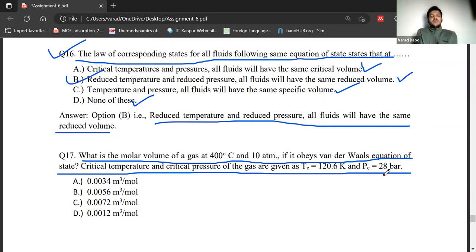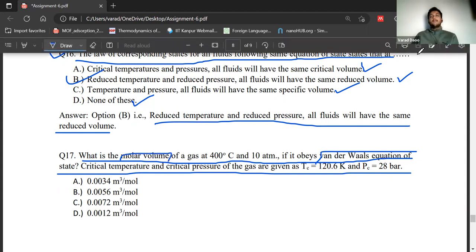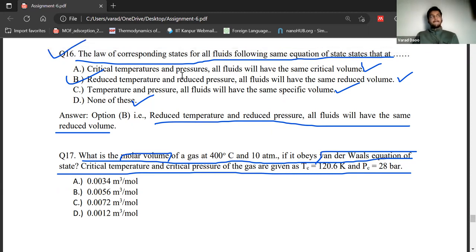So what we have to find is the molar volume of the gas with the van der Waals equation of state. So I'll wait for a couple of minutes for you to solve. Okay.